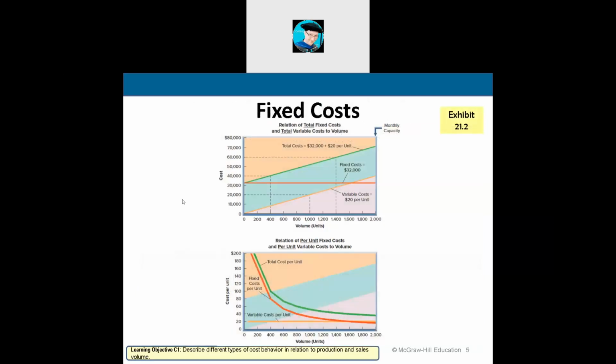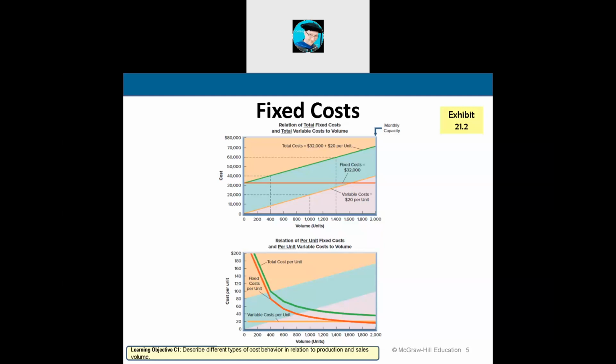So let's talk more about costs. As we talked about last week, there are fixed costs and variable costs. Fixed costs are costs that do not change regardless of the level of output.